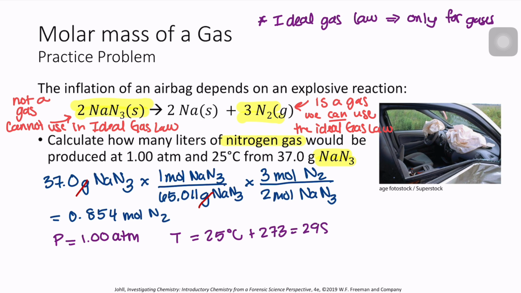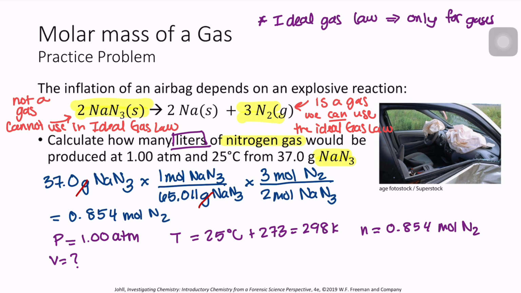So we have 298 Kelvin, and then our n is what we just calculated, 0.854 moles of nitrogen. And this is asking us to solve for liters, so V is what we're looking for.